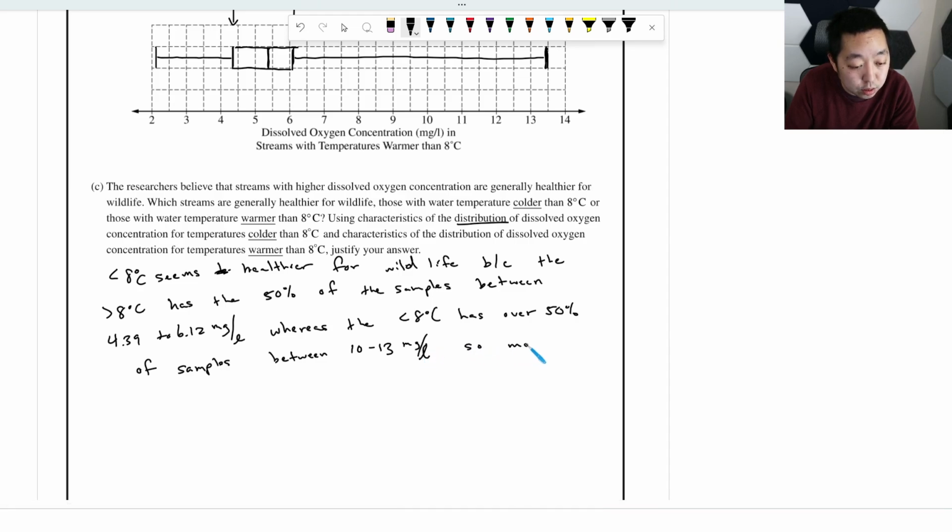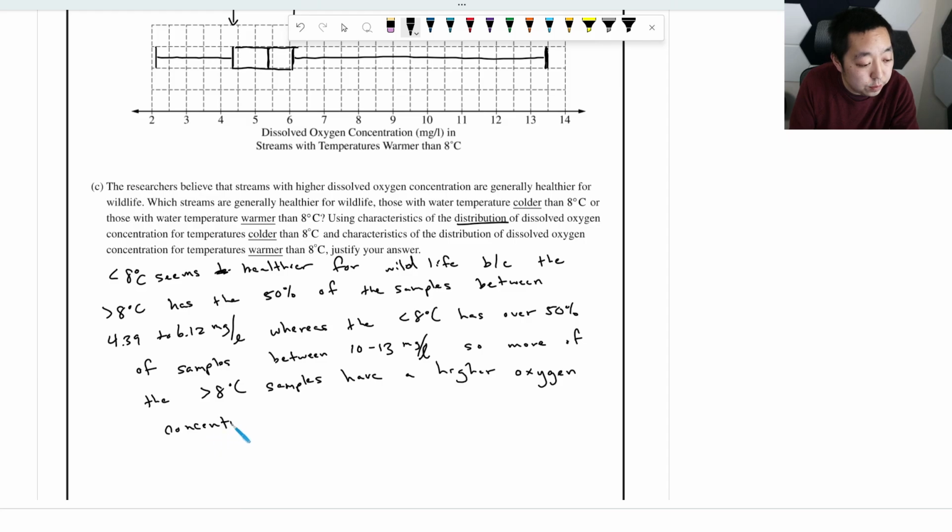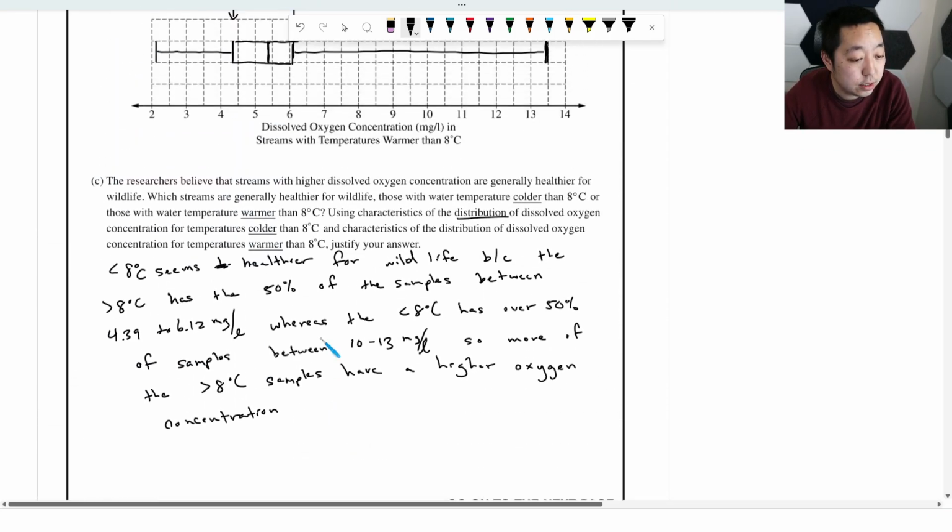So I would make a slight conclusion because they're really picky on this kind of stuff. So more of the less than 8 degrees Celsius samples have a higher oxygen concentration. Okay, so that's exactly probably what I would put there. And that's it for the first FRQ.